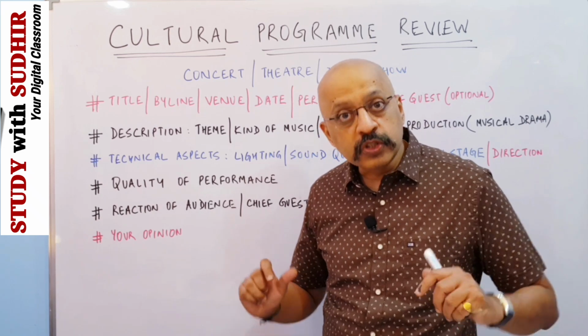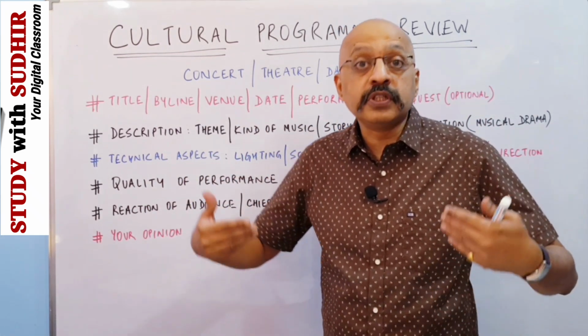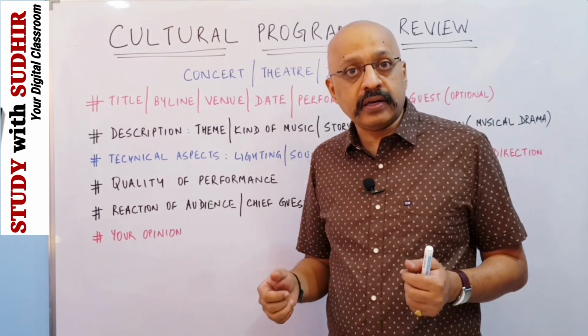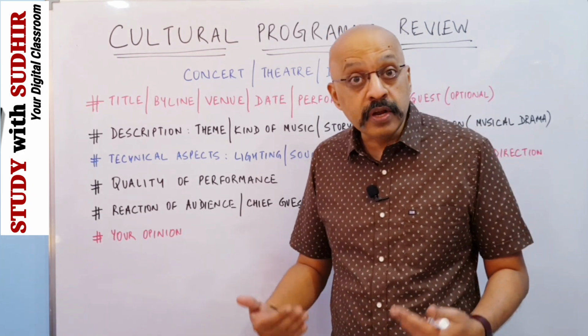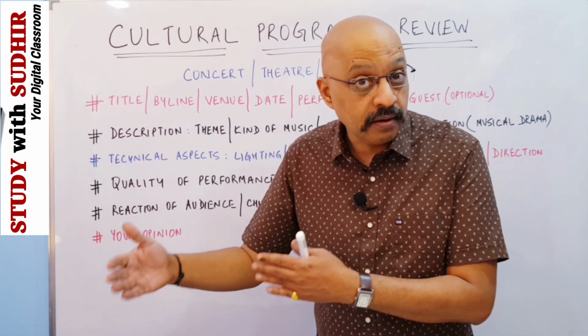So write something a little exalted, which will prompt the reader to say, okay, this is worth my time. Let me find out how this particular dance performance was and whether it is good enough for me to see the next time it is staged again.